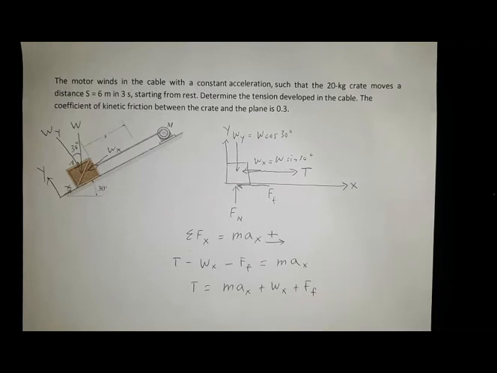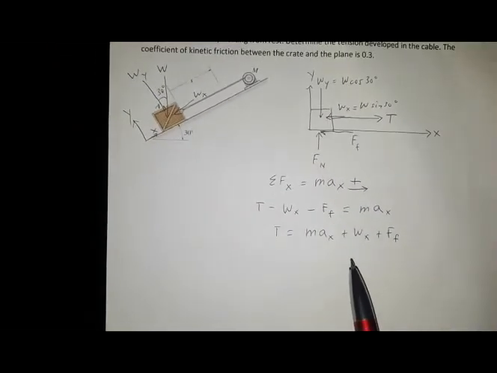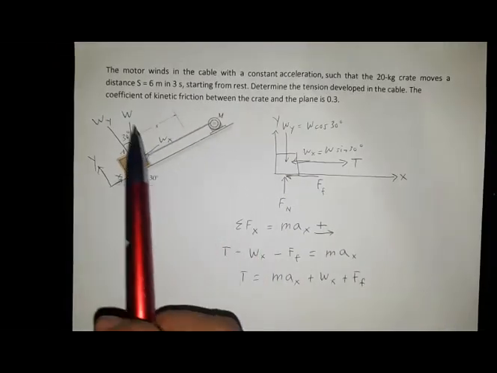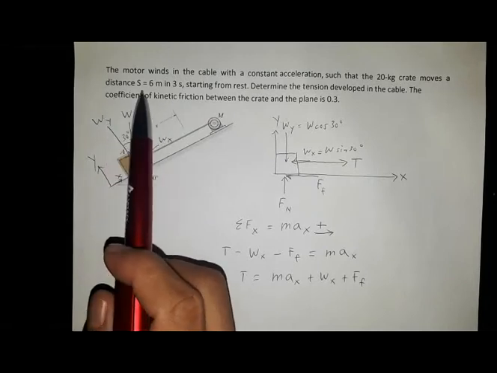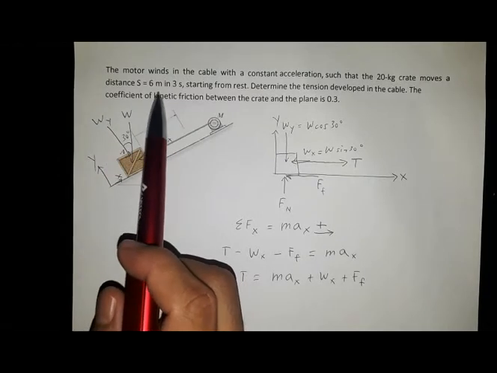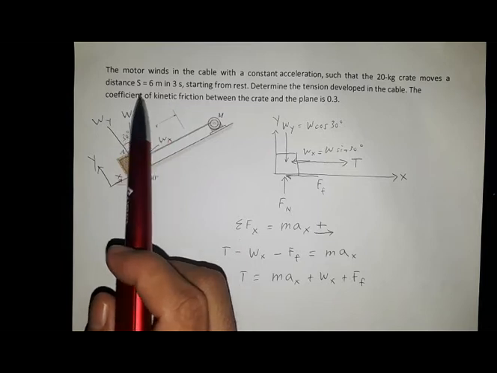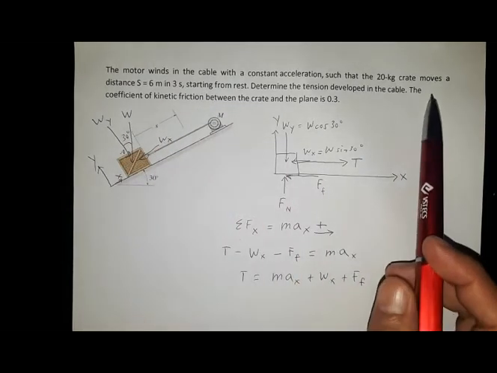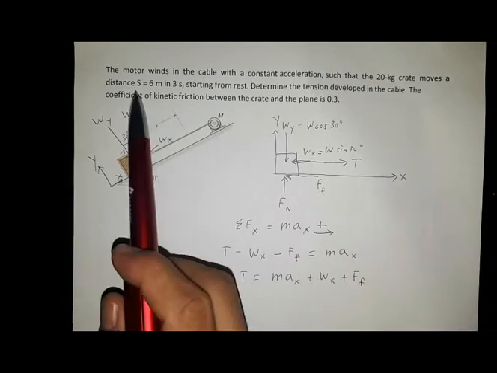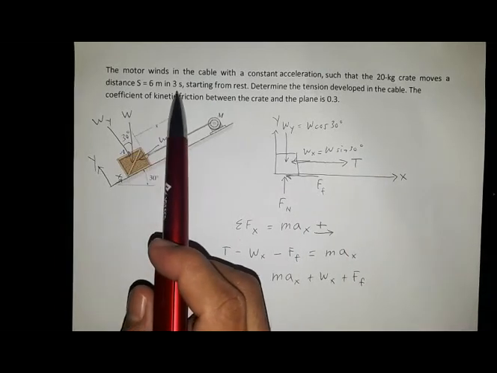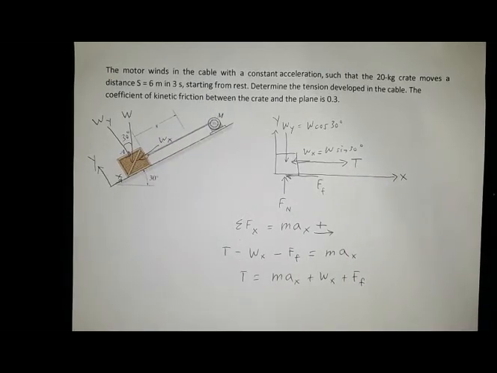So now let us first compute these components. First, let's solve for the acceleration. It is said that the crate moves a distance of 6 meters in 3 seconds starting from rest.